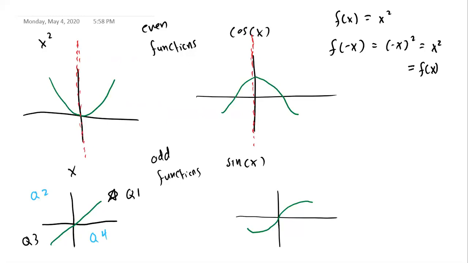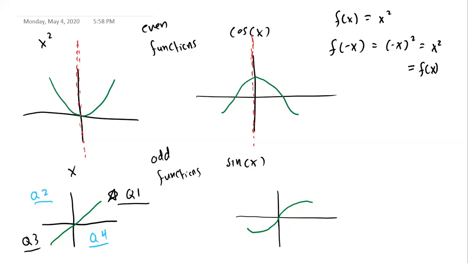Well, if your graph is reflected, so if whatever's in quadrant 1 is reflected in quadrant 3, and whatever's in quadrant 2 is reflected in quadrant 4, then you have a function that has odd symmetry about the origin. Here you can see that whatever's in quadrant 1 is reflected into quadrant 3. Now in quadrant 2 and quadrant 4, we don't have anything, so nothing is reflected.